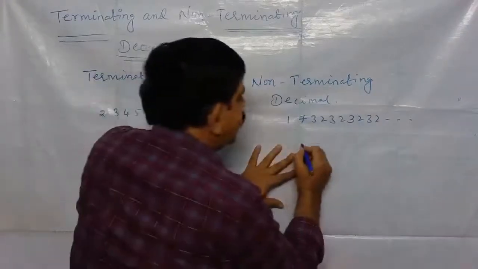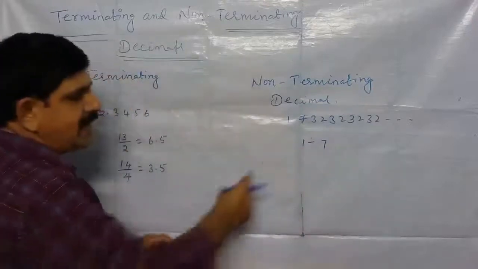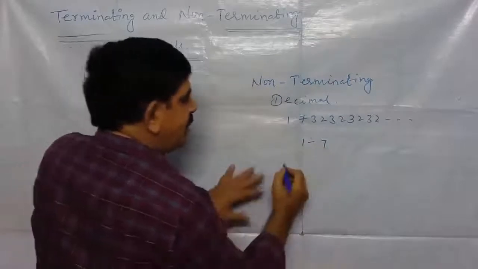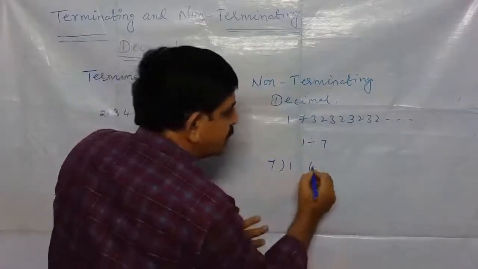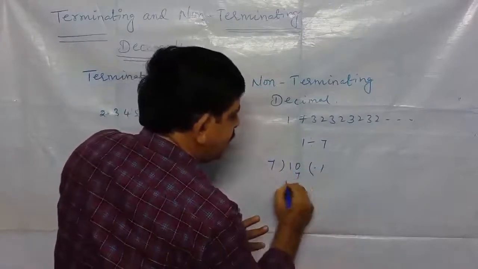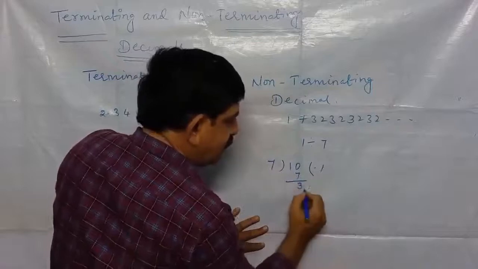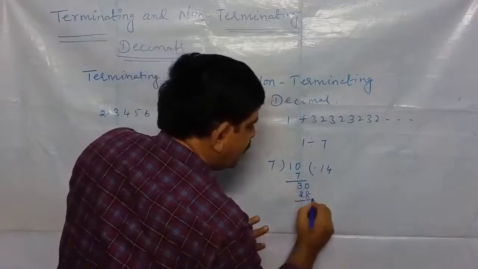Next here 1 by 7. Let us suppose 1 divided by 7. I am taking one example, 1 divided by 7. 1 divided by 7, it doesn't go. So take point here, 0, 7 ones are 7, remainder 3. So we take 0, 7 fours are 28, 2 remainder.